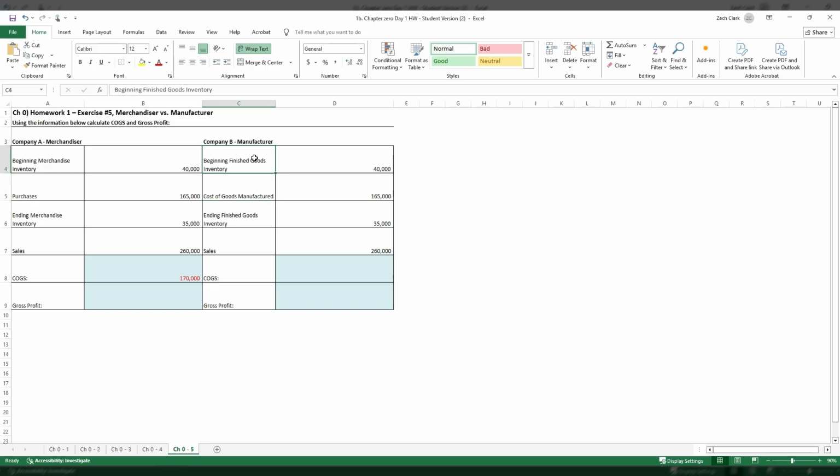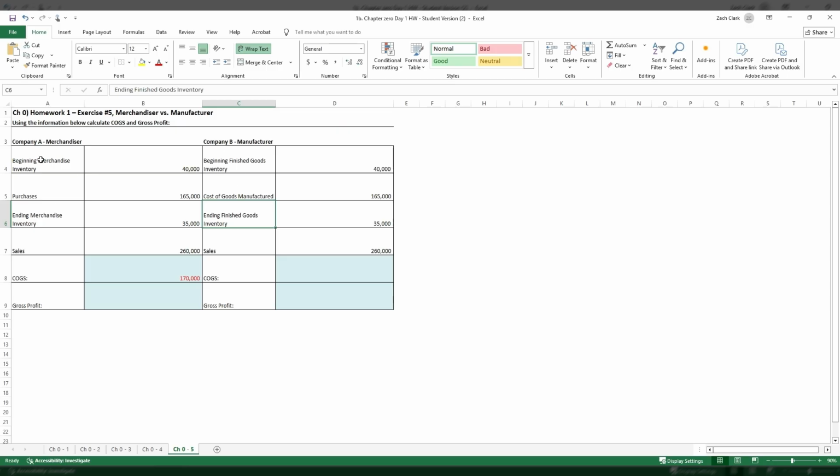That's our beginning plus our additions. They really do represent different activities and processes, but from an accounting perspective, in terms of calculating cost of goods sold, these are the comparable categories: merchandiser versus manufacturer.